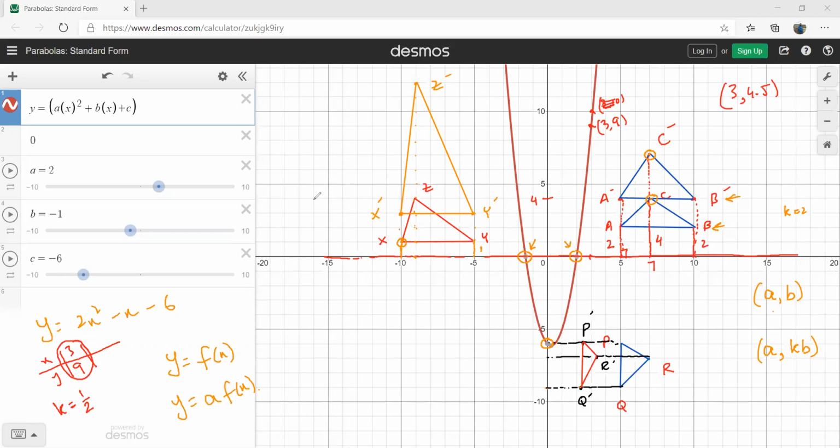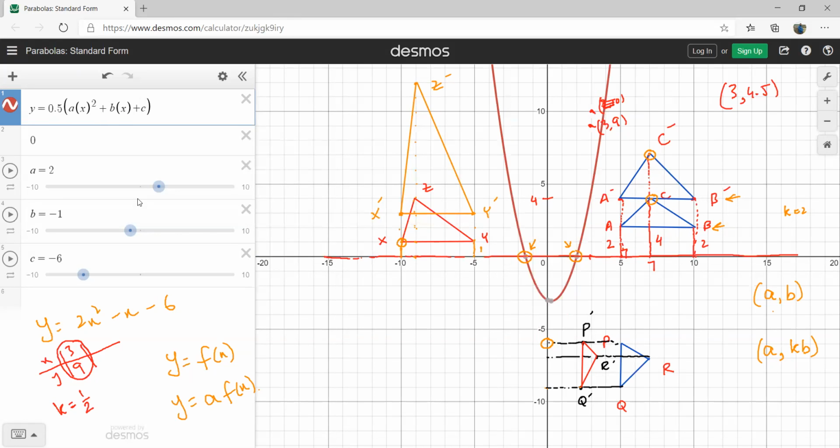Okay, let's check that. I'm going to multiply the whole curve here with half. Now look at this. Can you see that here is this 3 comma 4.5? Do you agree or not? The new point is 3 comma 4.5.